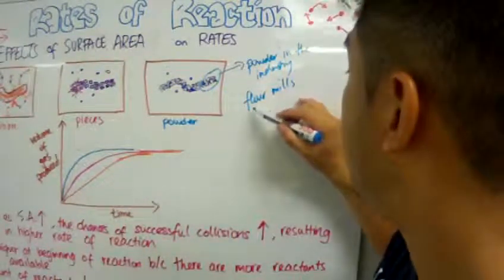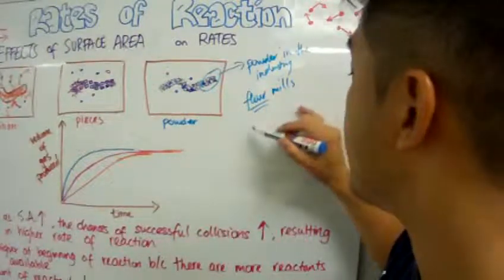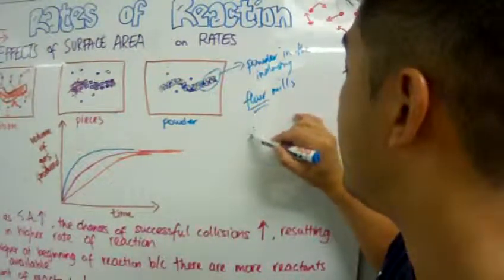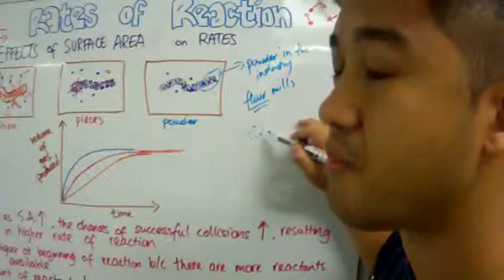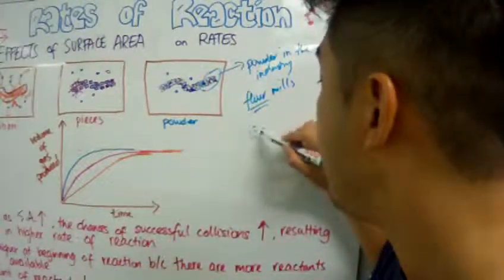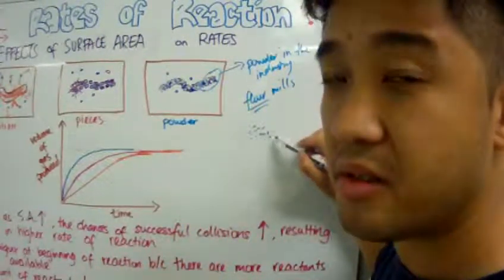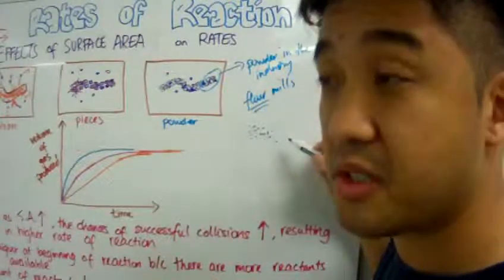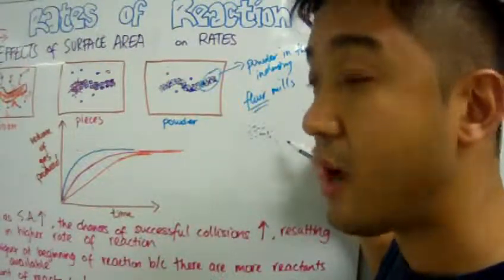Flour mills are especially dangerous because remember, flour is made of wheat, which is basically an organic material, and like most organic material, it combusts when it's exposed to fire.